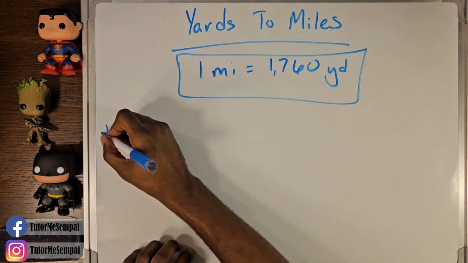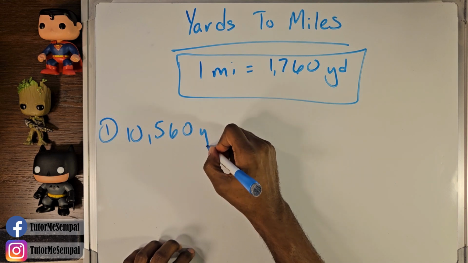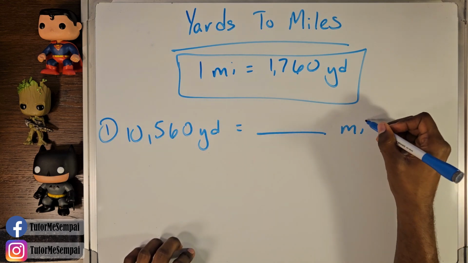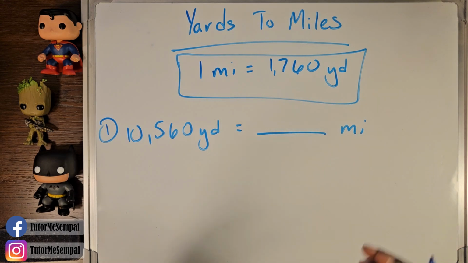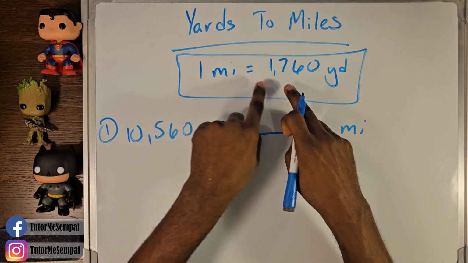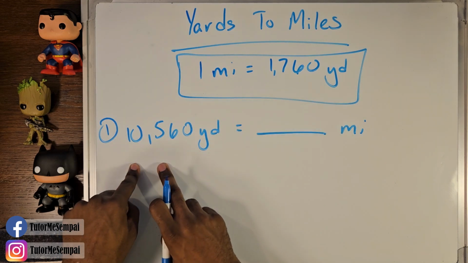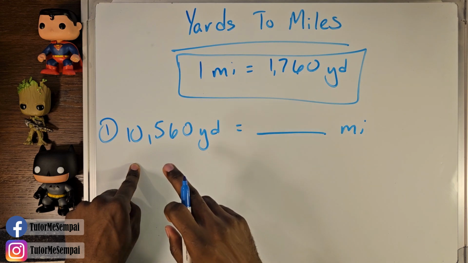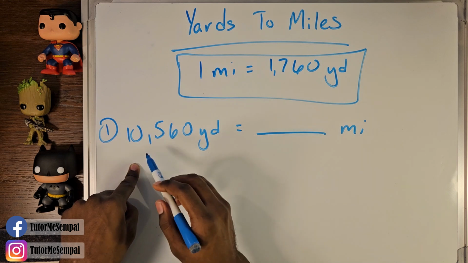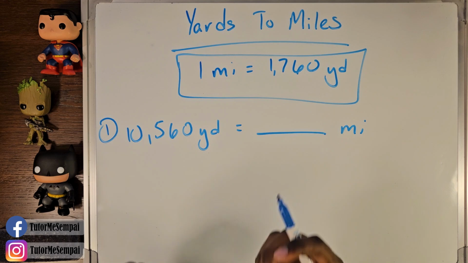So let's say we were given 10,560 yards, and we want to know how many miles we would have in this case. Well, our basic unit conversion tells us that every mile we have should equal 1,760 yards. We have 10,560 yards. So we want to figure out how many groups of 1,760 make up 10,560. That lets us know that we should be dividing.